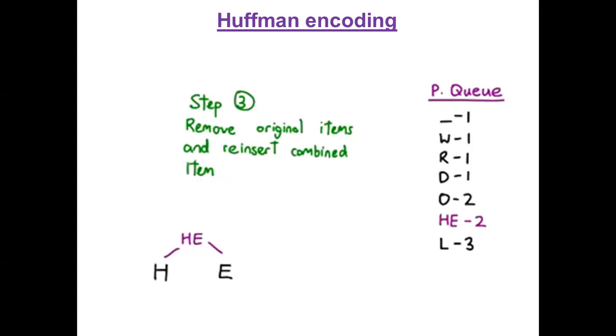So step 3 is to remove the original items and reinsert the combined items. So we have HE here, and that becomes 2. We should place it in order from the lowest frequency to the highest.